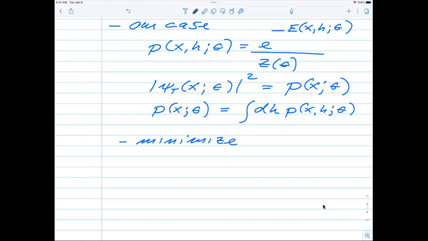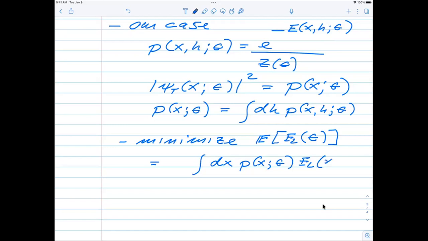So we are going to minimize the expectation value of the local energy, the same integral, as a function of these variables theta, which now is given in terms of the expectation value, and we have an integral over dx, and then we have p of x and theta, and this is multiplied with the local energy, which will now depend essentially only on x, so there's no dependence on this variable theta in here. And actually, the local energy depends on theta because we have the trial wave function.